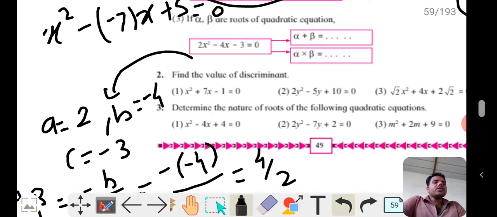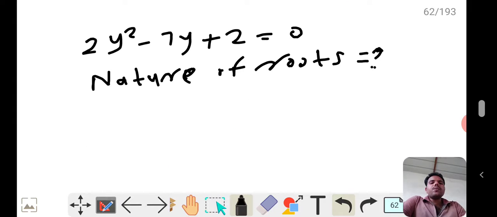Let's see example number 2: 2y square minus 7y plus 2 is equal to 0. We have to write the nature of roots. To determine the nature of roots we have to know the value of delta, that is the discriminant.